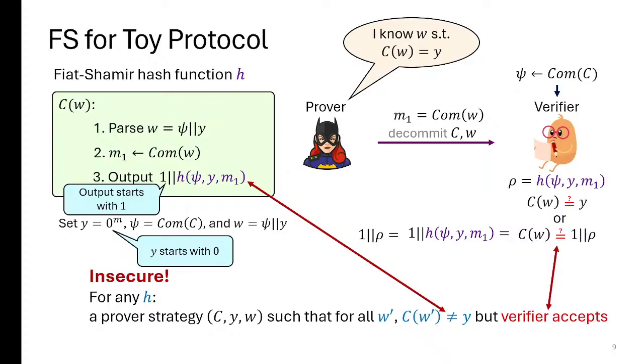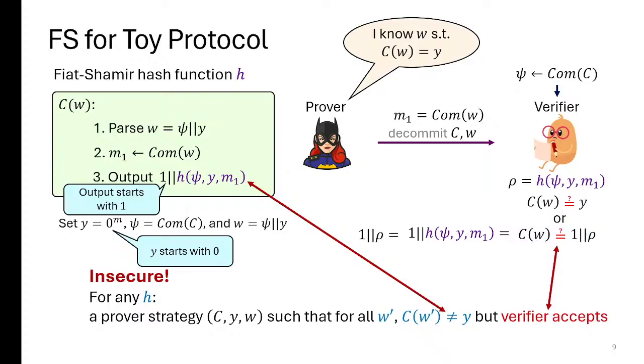This 1 is only there for this purpose, so you can ignore it in the verifier accepting part. The point is that there's some diagonalization going on. There's this psi, the circuit is getting its own digest, and it's also able to compute M1. So it's basically able to compute the hash function, or the next message function, by itself.